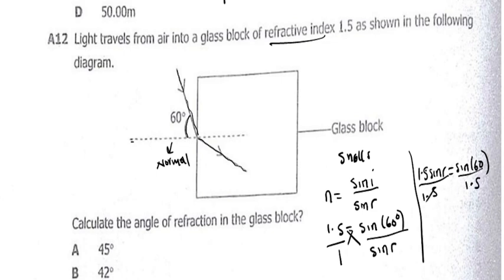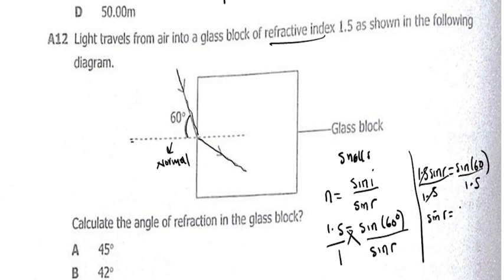Then sine r is equal to sine 60 divided by 1.5.